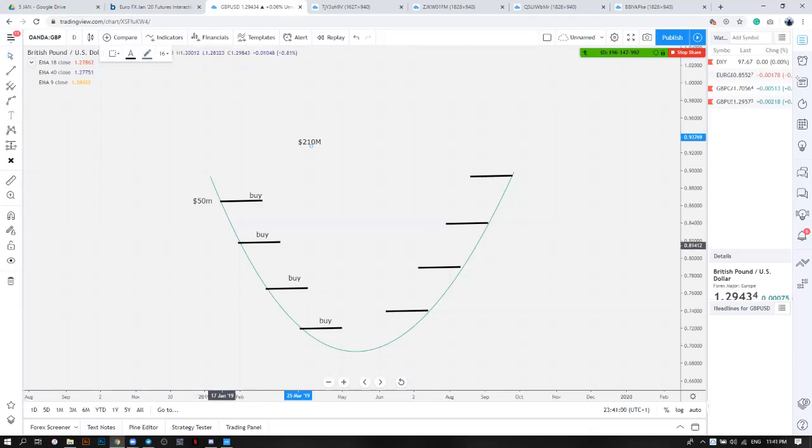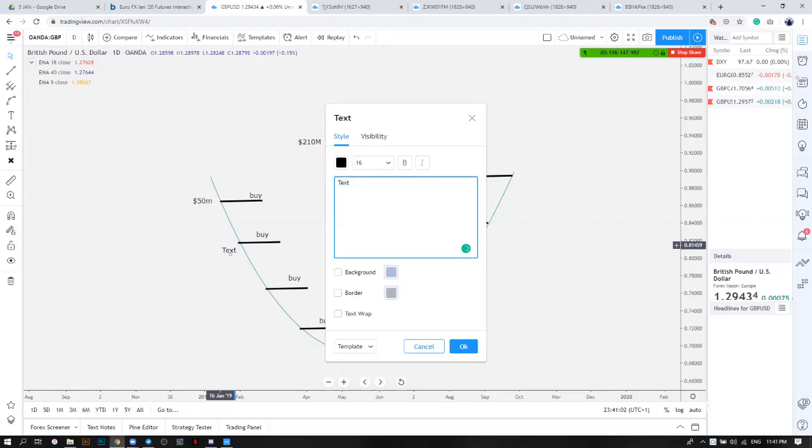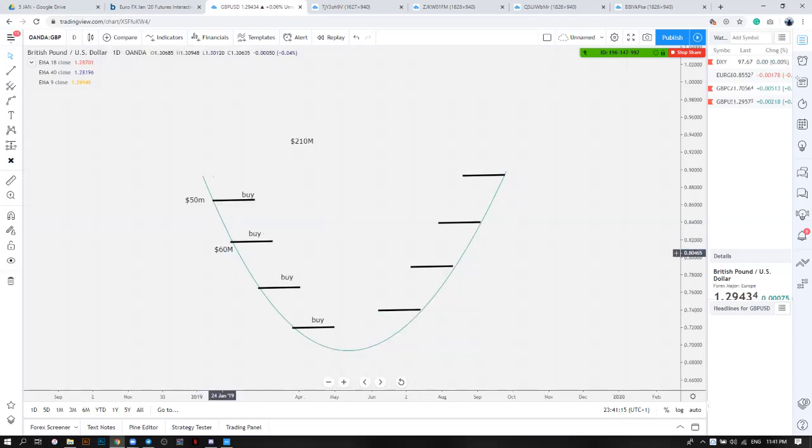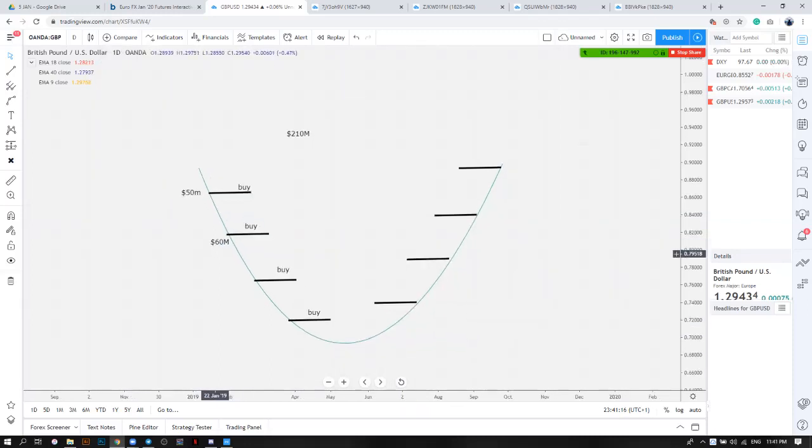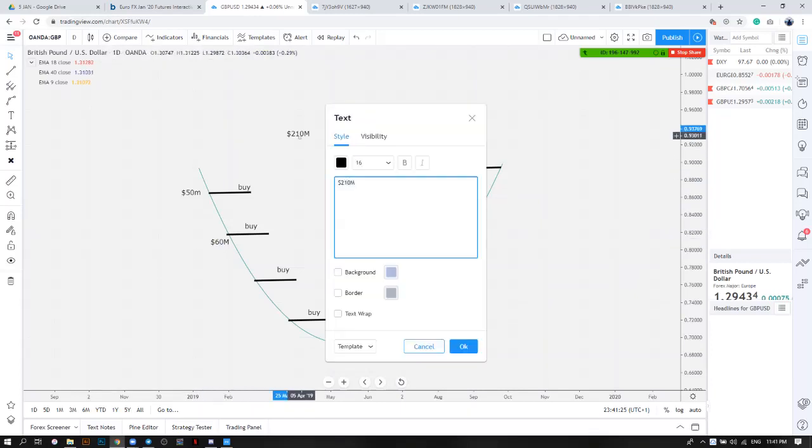So let's say around this point, the bulk of sellers sold 60 million worth of pound to the commercials. Remember, if you sell, someone needs to buy from you.